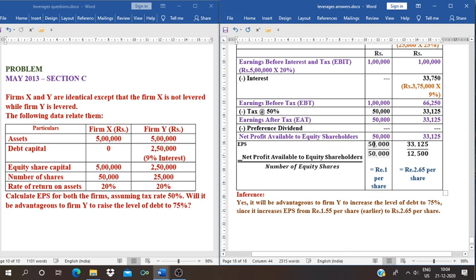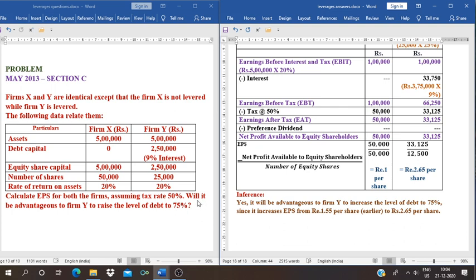That is for firm X 50,000 divided by 50,000 means rupee 1 per share will be EPS. And for the firm Y, profit is 33,125 and number of equity shares is 12,500 and EPS is rupee 2.65 per share.